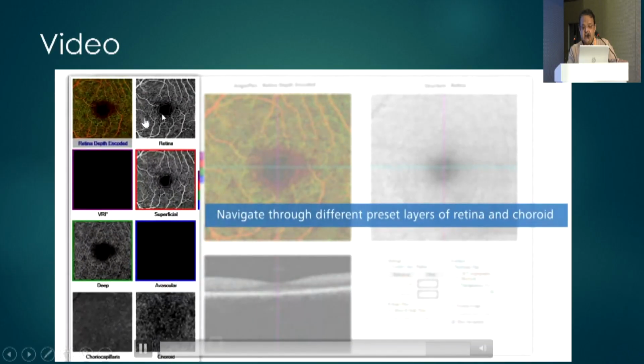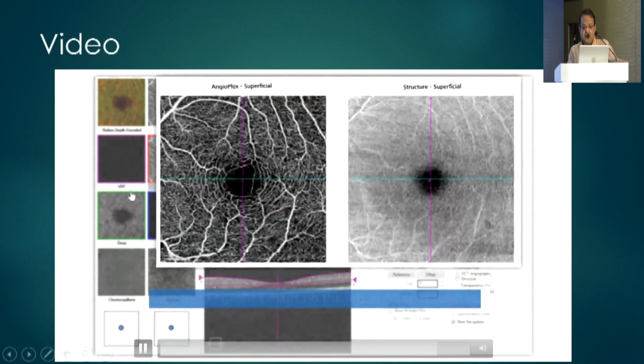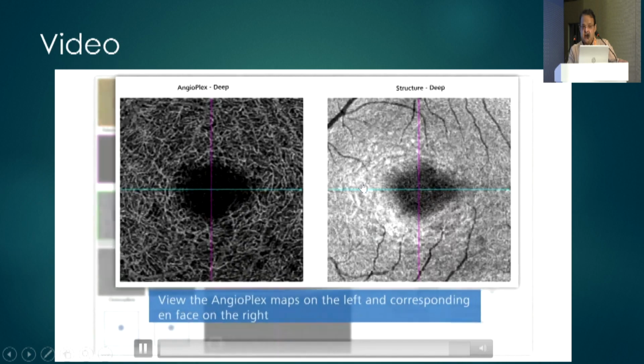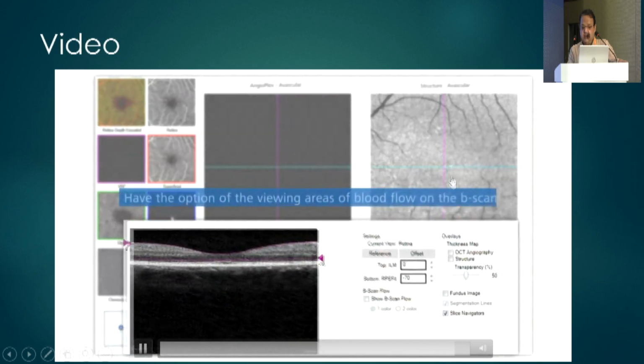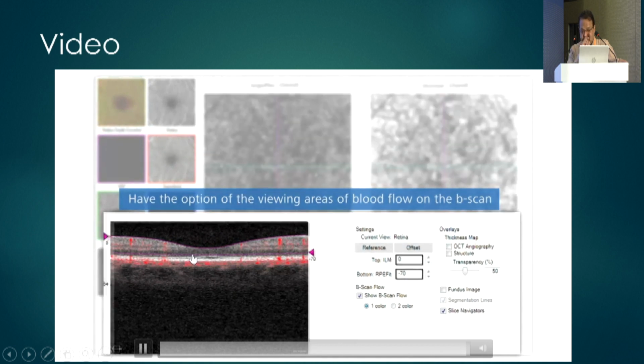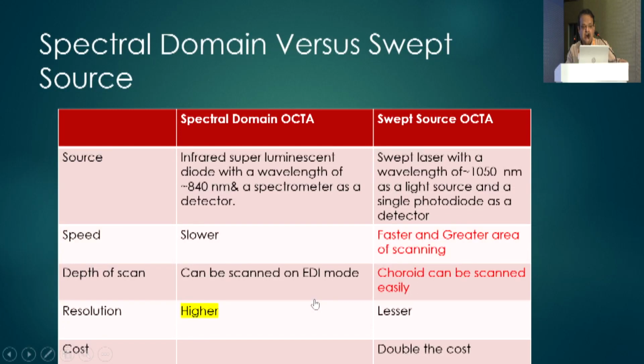There are preset modalities here. You can see retina, superficial layer, deep layer. These are Angioplex pictures, and these are structural or deep layer, and then you have B scan pictures. And these red dots that we see are a flow overlay.